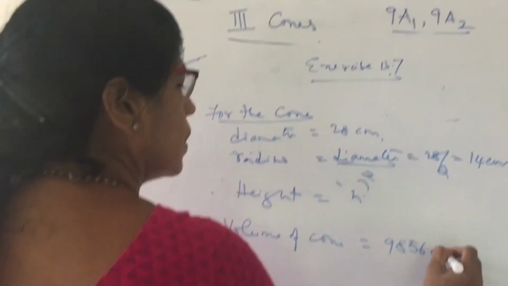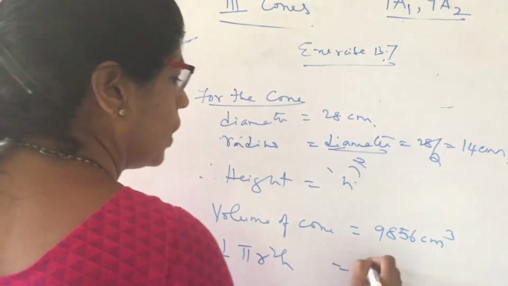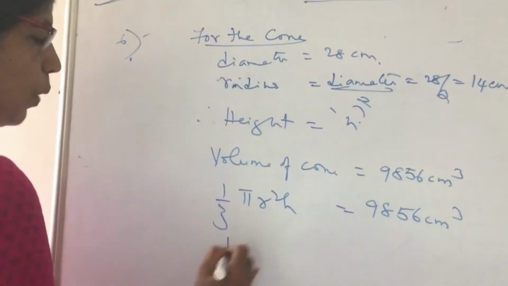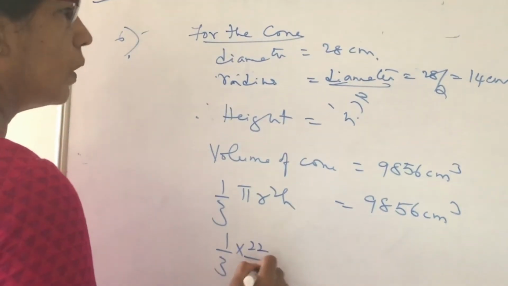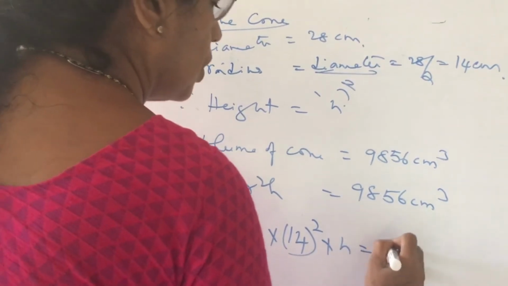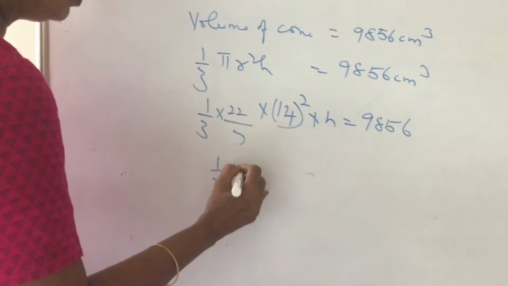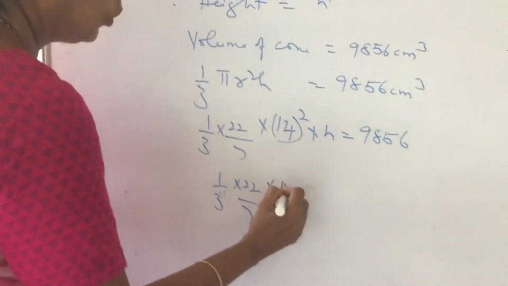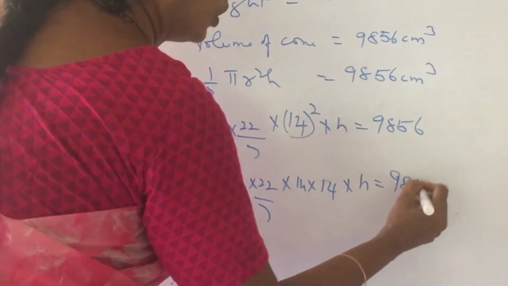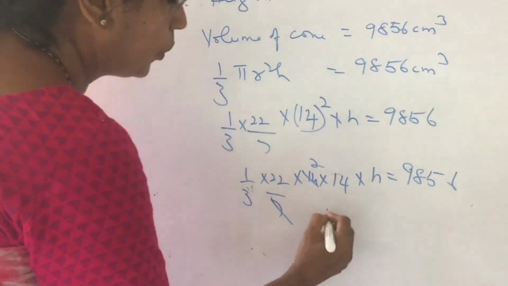9856 centimeters cube. 1 by 3 pi r square h is equal to, use your values, 22 by 7 into 14 square into h is equal to 1 by 3 into 22 by 7 into 14 into h is equal to... 7 goes how many times? 2 times.